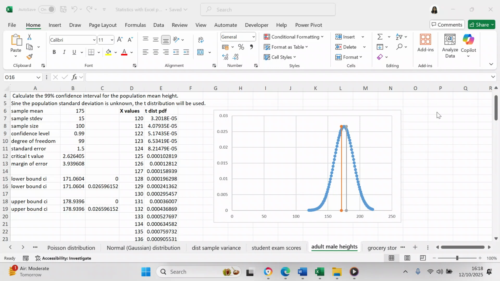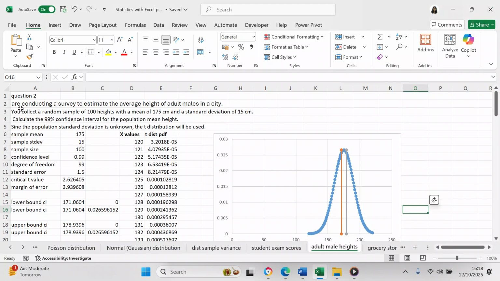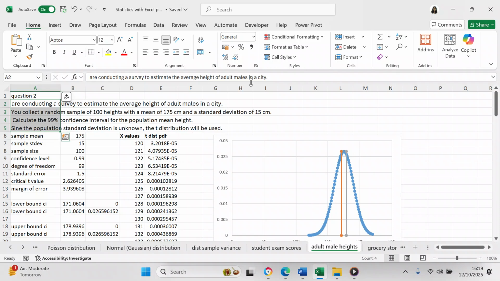In this particular video, what we're going to be doing is confidence intervals of adult male heights. So the question is, you are conducting a survey to estimate the average height of adult males in a city.